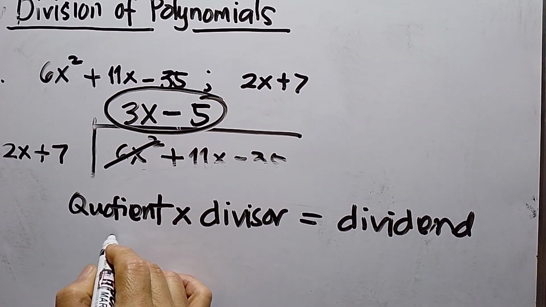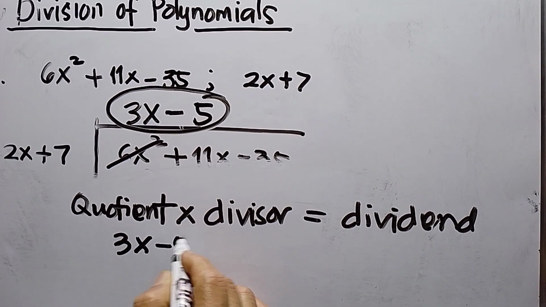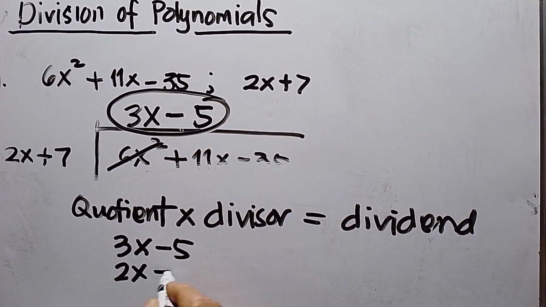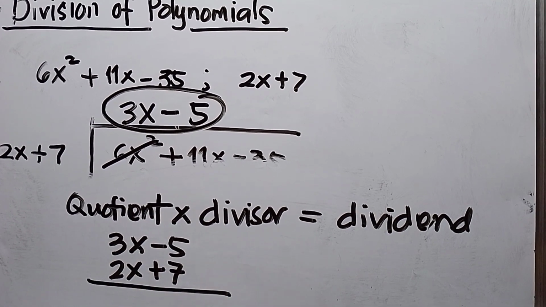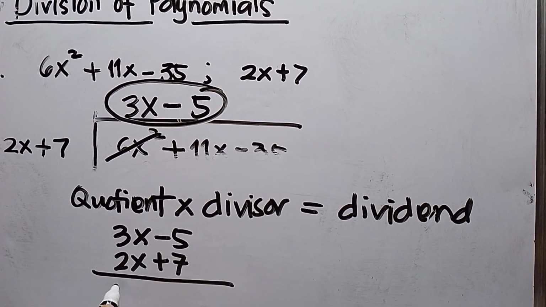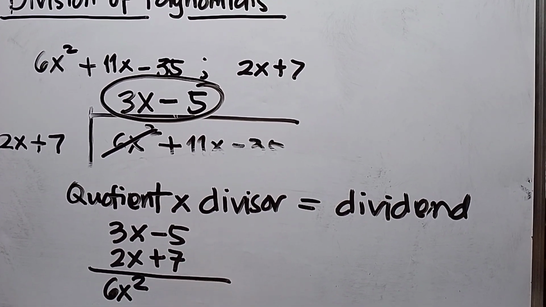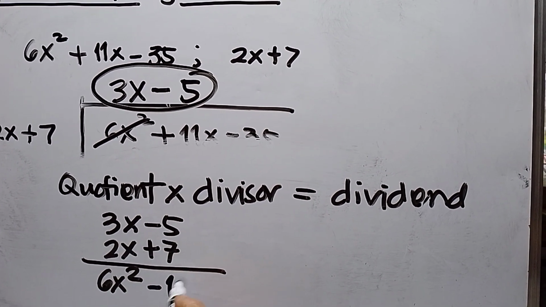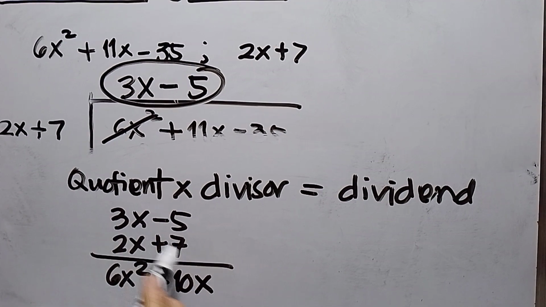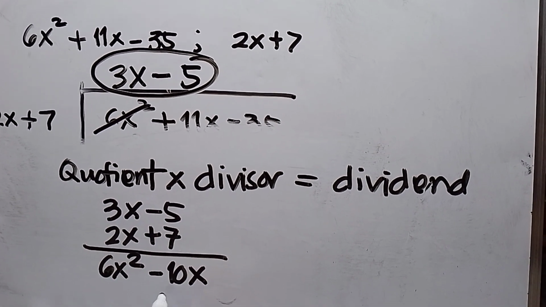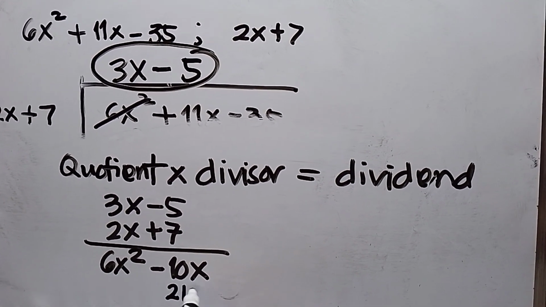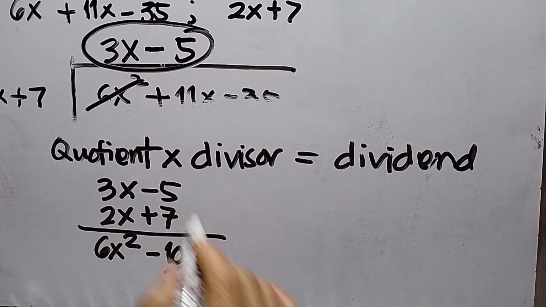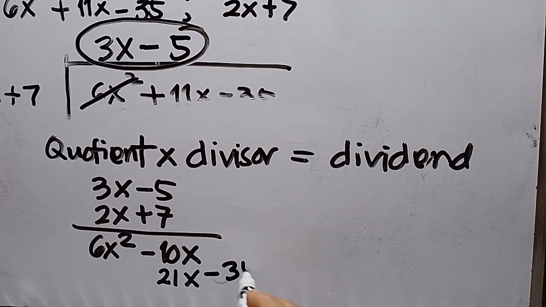So 3x minus 5 and then 2x plus 7. So 3 times 2 is 6. This will be 6x squared. Then this one, 2x times negative 5, this will be negative 10x. Then 7 times 3x, that will be 21x. Then this will be negative 35.